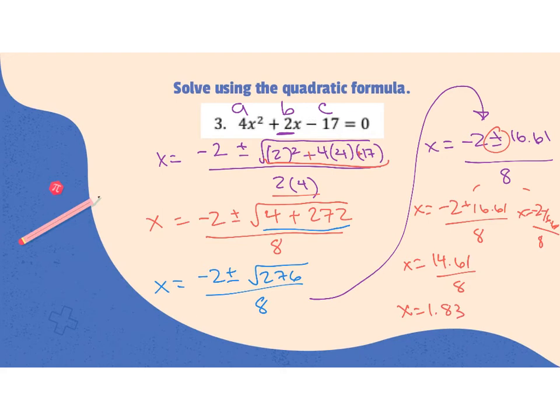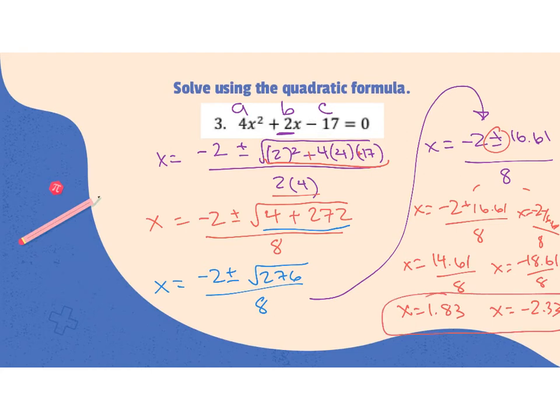So there's 1. Then I do the other side. Negative 2 minus 16.61. So that's going to be negative 18.61 divided by 8. Divide that whole thing by 8, and I get x equals negative 2.33. So there are my two solutions.